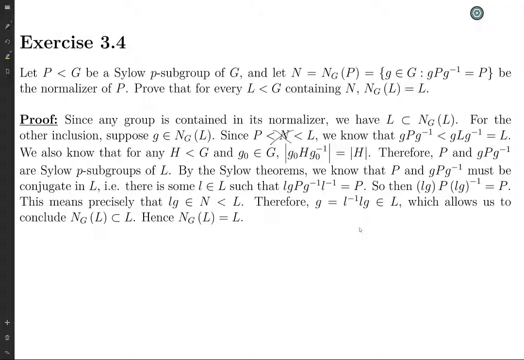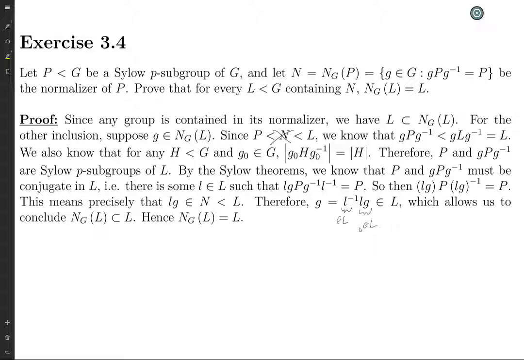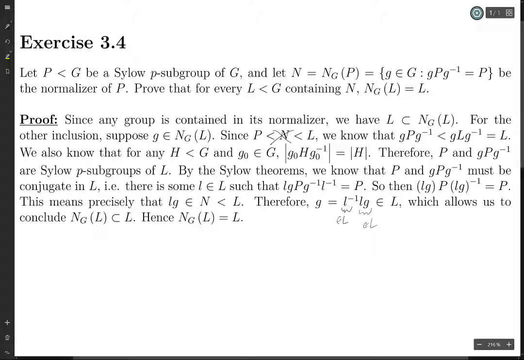But look, obviously l inverse is in L since L is a subgroup, and we just proved that lg is contained in L because lg is contained in the normalizer of P, which is contained in L. So therefore we can write g as a product of two elements of L, which means that it's in L, and this holds for every single g in the normalizer of L, and therefore the normalizer of L is contained in L, and that's the other inclusion that we wanted, and hence we have the final equality that we wanted, and this completes the exercise.